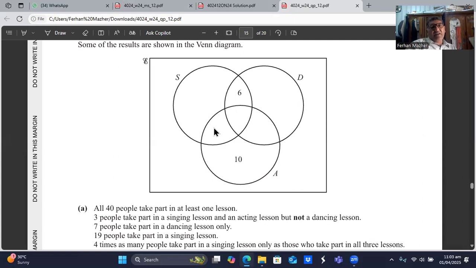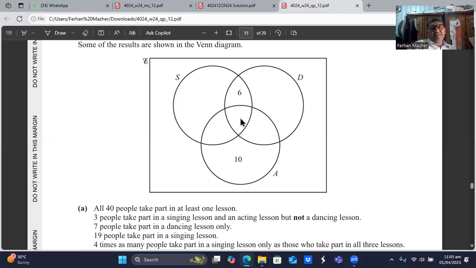7 people take part in a dancing lesson only. The dancing lesson only is this place. So I will write 7 here. 19 people take part in a singing lesson. So the total people in this singing circle are 19. 4 times as many people take part in a singing lesson only as those who take part in all 3 lessons.